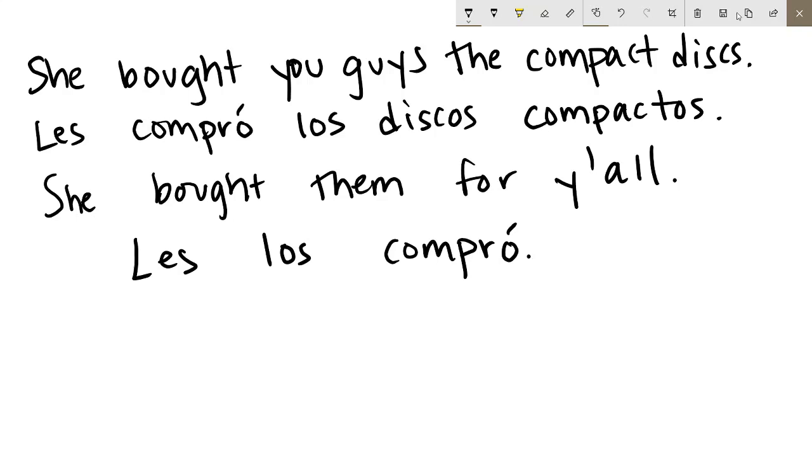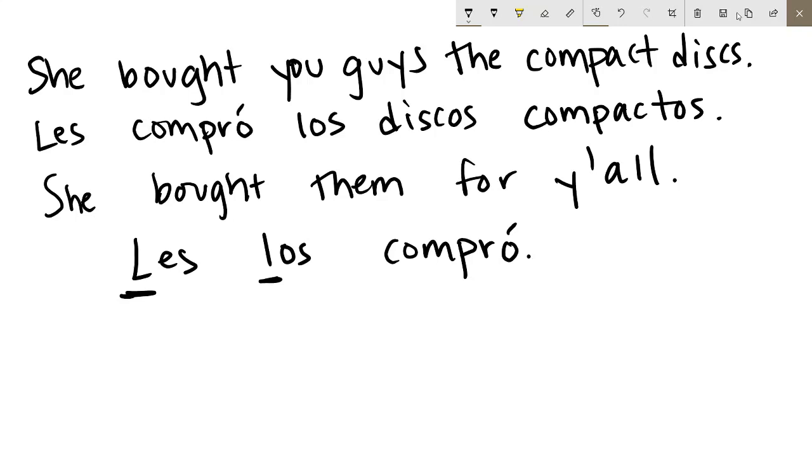For some reason, you can't have object pronouns together that start with L's. Like you can't have consecutive object pronouns that start with L's. Now, a lot of these grammar rules are due to pronunciation. So it could be something about how it sounded to the speakers and how it evolved over time.